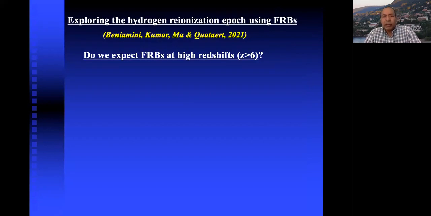Now, we suggested a few months ago that FRBs should be able to explore or provide a probe of the hydrogen reionization epoch and also the helium 2 to 3 reionization. And I would like to share that with you. But one thing that I should say something about is whether we expect to see FRBs at high redshift.